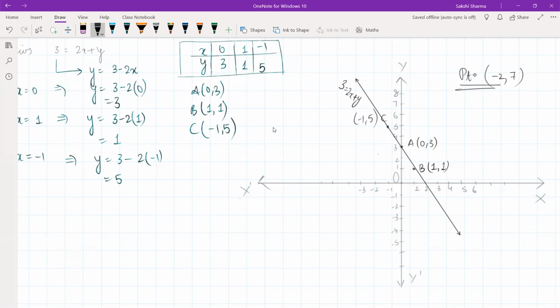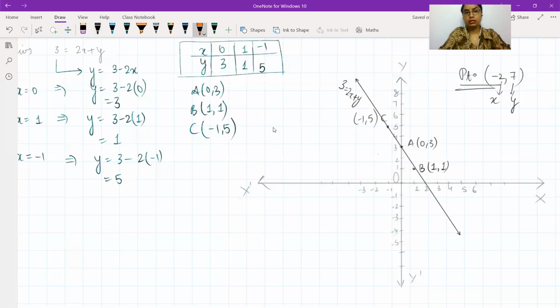Although I have calculated this point by looking at my linear equation, I have deliberately taken this point. So if there is a point whose values give me a pair of values for x and y, and I use these values in my linear equation given here, 3 equals 2x plus y, whether these values satisfy my equation or not.